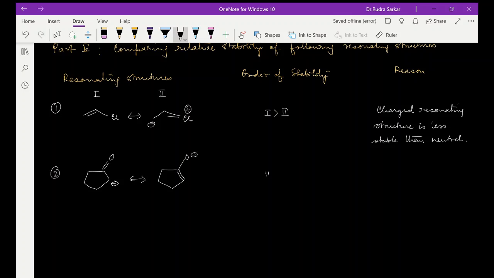Now here 2 is more stable than 1, the reason being the negative charge in 2 lies on the most electronegative atom.